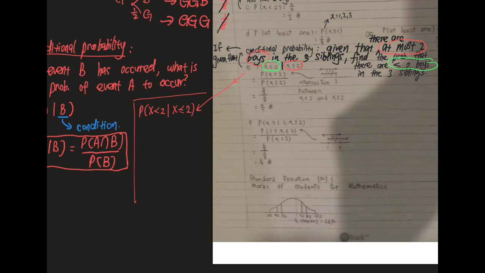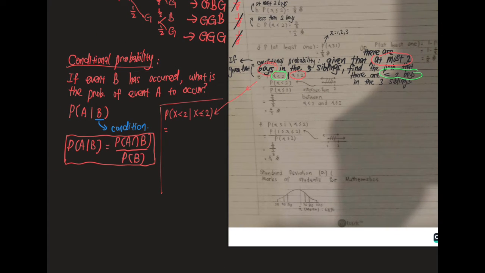Now based on this formula, I put the formula side by side, where you can see this is like A and this is like B. We are supposed to intersect A and B. That's why we have the probability of X less than 2 intersect with X less than or equal to 2, divided by the probability of B, the probability of X less than or equal to 2.